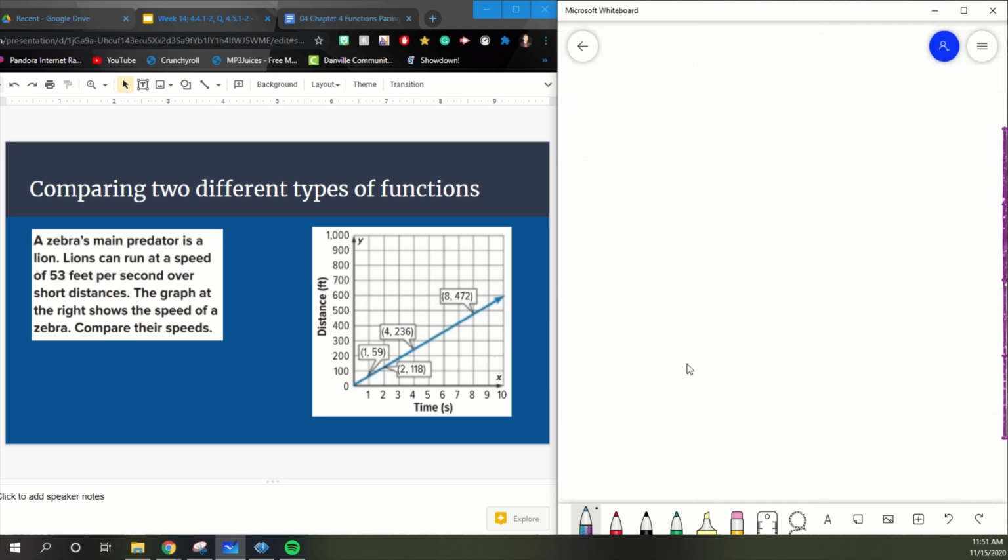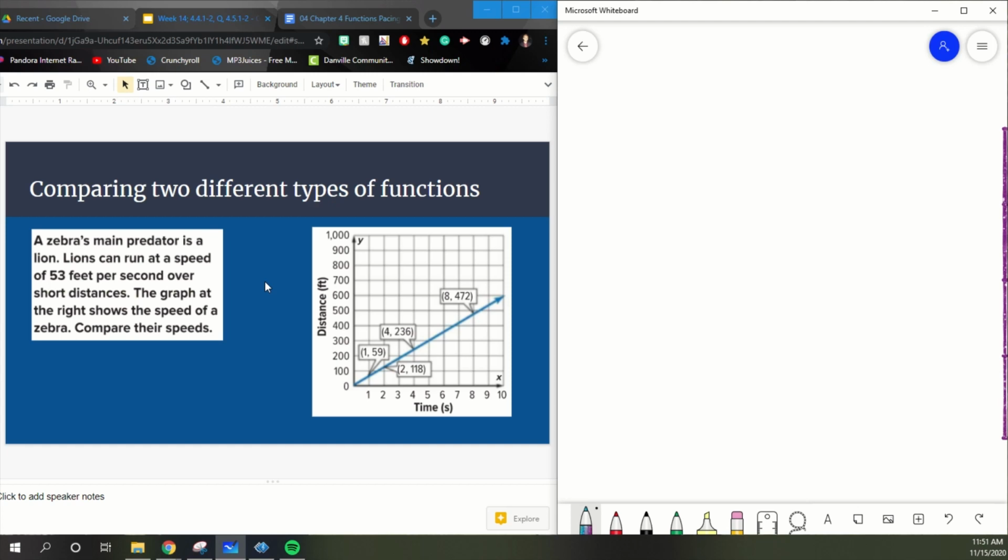It says a zebra's main predator is a lion. Lions can run at a speed of over 53 feet per second over short distances. So they've just given us the rate of change for a lion in words. The graph on the right shows the speed of a zebra. It's good to read our problem so that we know what the graph's actually representing.